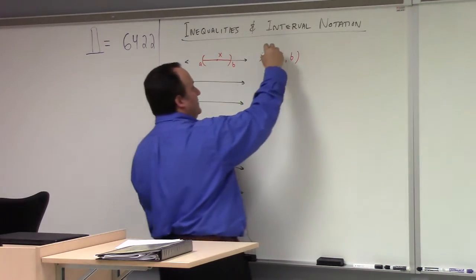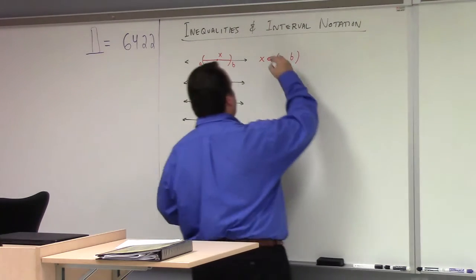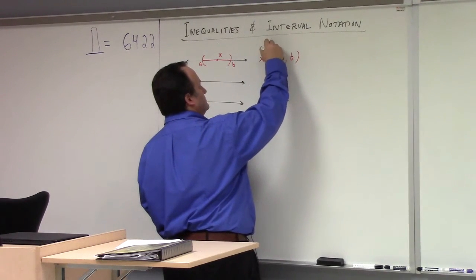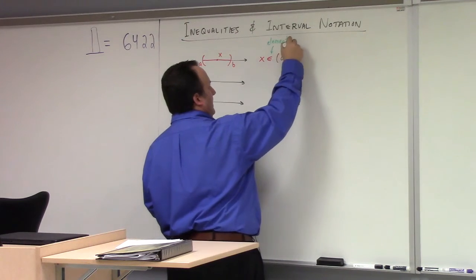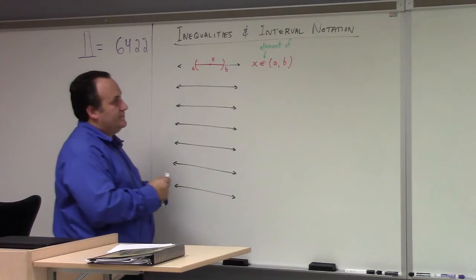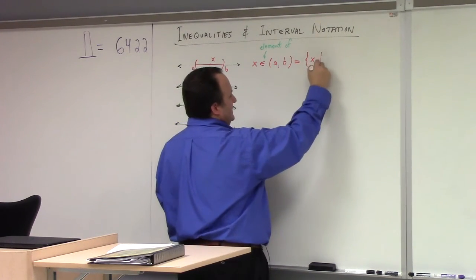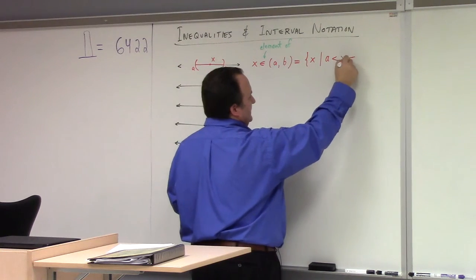This right here means element of. And to be explicit, this is x such that A is less than x less than B.